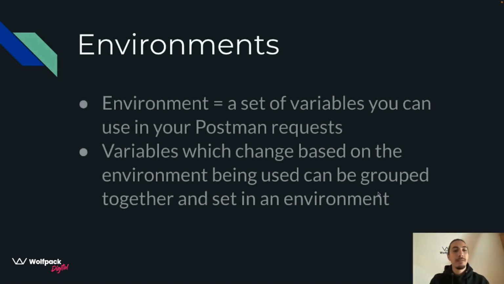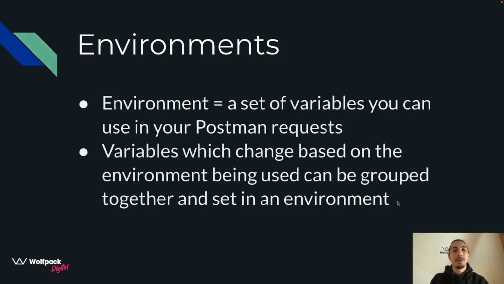Now that we have a better understanding about collections, we can move into environments. So what is an environment? Essentially, an environment is a set of variables that you can use in your Postman requests. To give you a more real-world scenario, it's highly often that as a QA, you'll need to test your APIs on multiple environments. On these environments, you might have different endpoints, different request URLs, different usernames, passwords, authorization tokens, all of that good stuff.